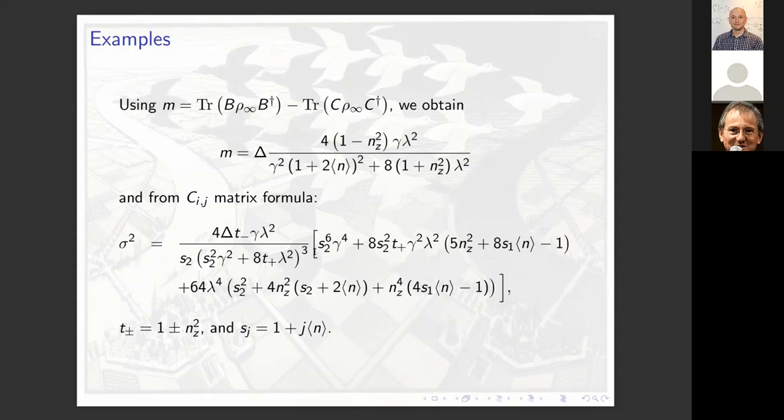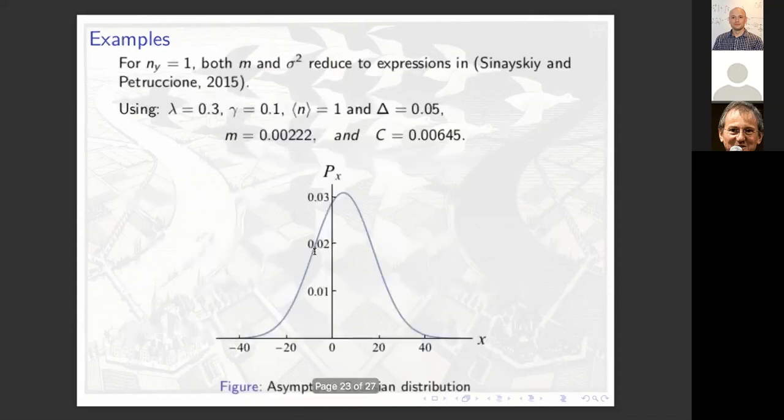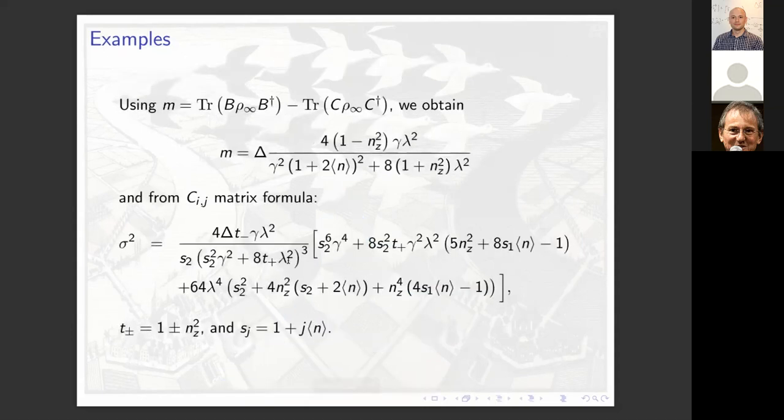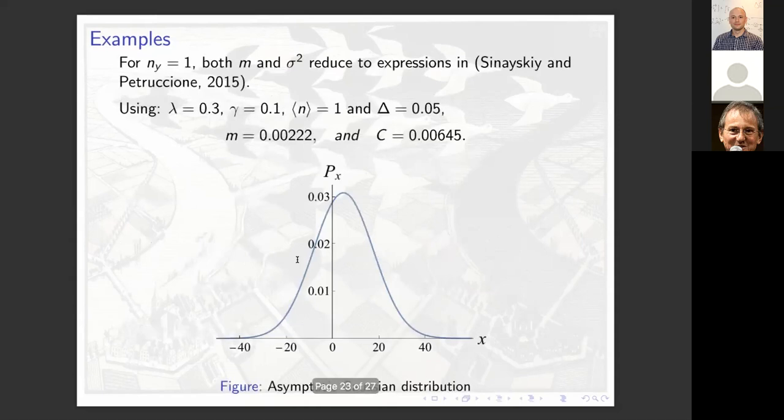Knowing the actual expressions, or what they look like, is not so important. But what is important is that for the case considered in that work, the M and the sigma squared agree completely. So for the case that they consider, the M and the sigma I showed in the formula reduce to the expressions listed in that paper.